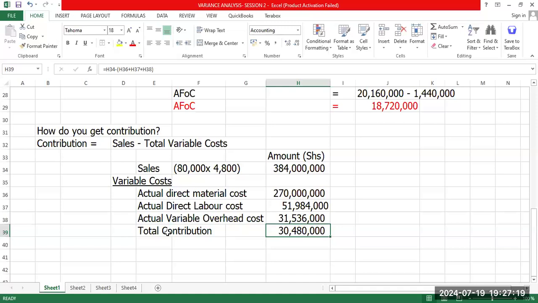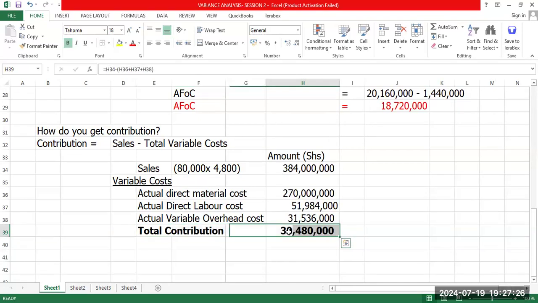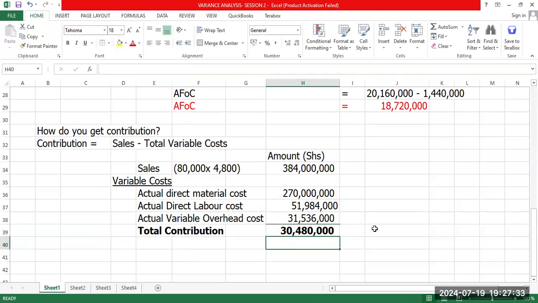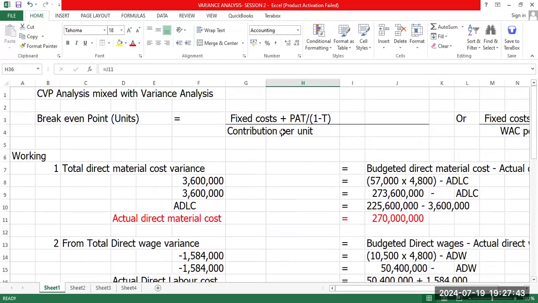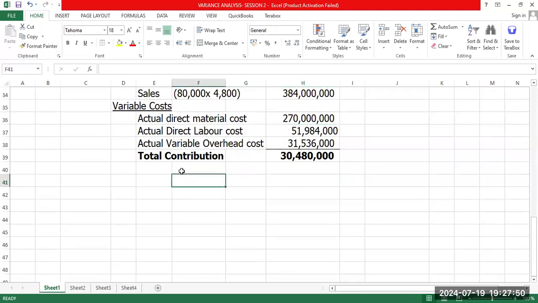Do you have this as your contribution? Yes. Please, if you are lost, feel free to ask. So this is our total contribution, but to recall our formula, we need contribution per what? Per unit.